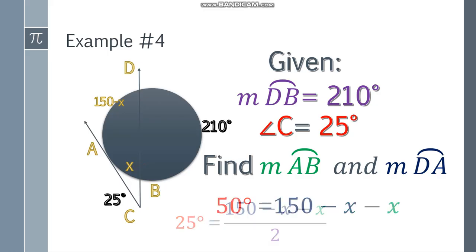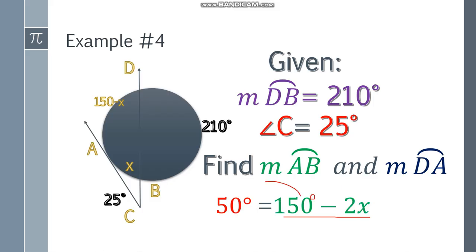Simplify it: multiply both sides by 2. We have 50 degrees here, and for the right side, we have 150 minus x again. Simplify it further. So 150 minus x will become 150 minus 2x. Sorry, I forgot the degrees.